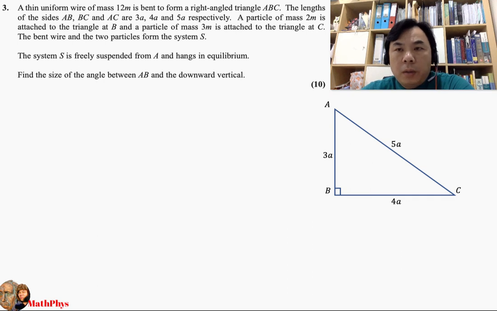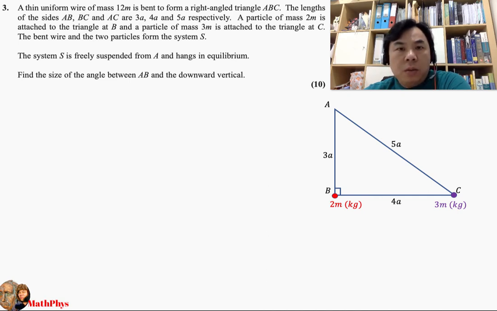All right, welcome back. This is the last configuration with regards to this problem here. Now instead of having ABC in the previous configuration, we can also have the system S in these configurations, where A is shown here, B is here, C is here, and the mass 3M is attached to C, whereby the mass 2M is attached to B according to the diagram here.